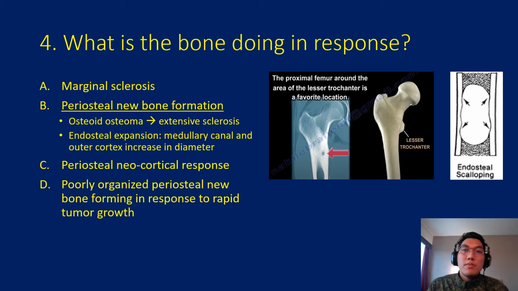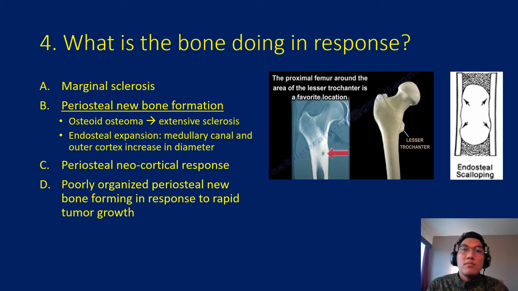Bone may sometimes respond to a very slowly growing focus with cortical thickening, the best example of which is cortical osteoid osteoma. This reactive walling-off process suggests a non-aggressive benign lesion. However, in some cases of slowly growing aggressive or low-grade malignant tumors, periosteal new bone is formed in response to endosteal erosion caused by the tumor.